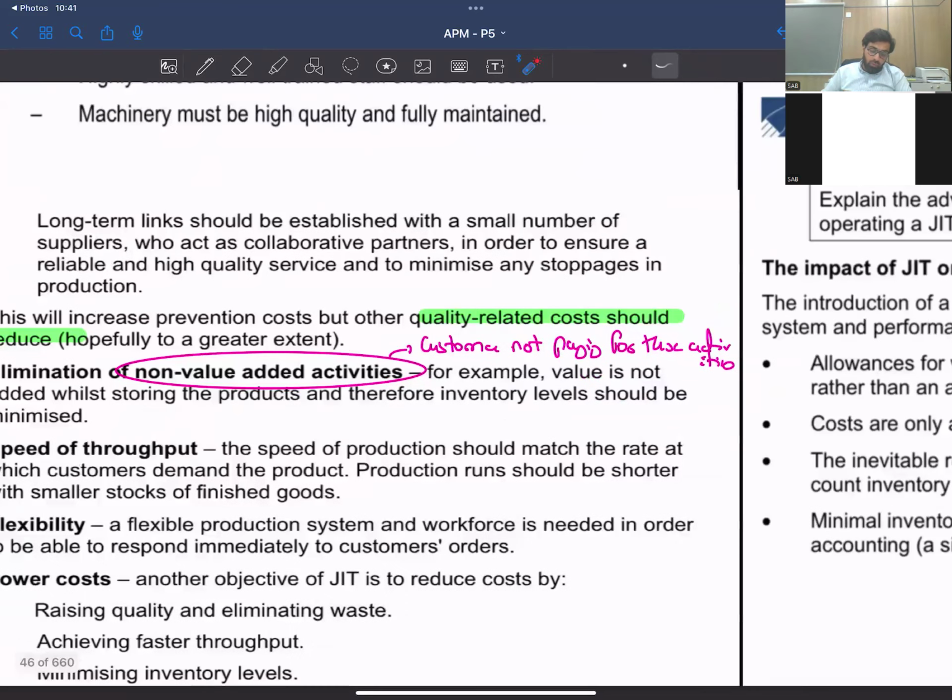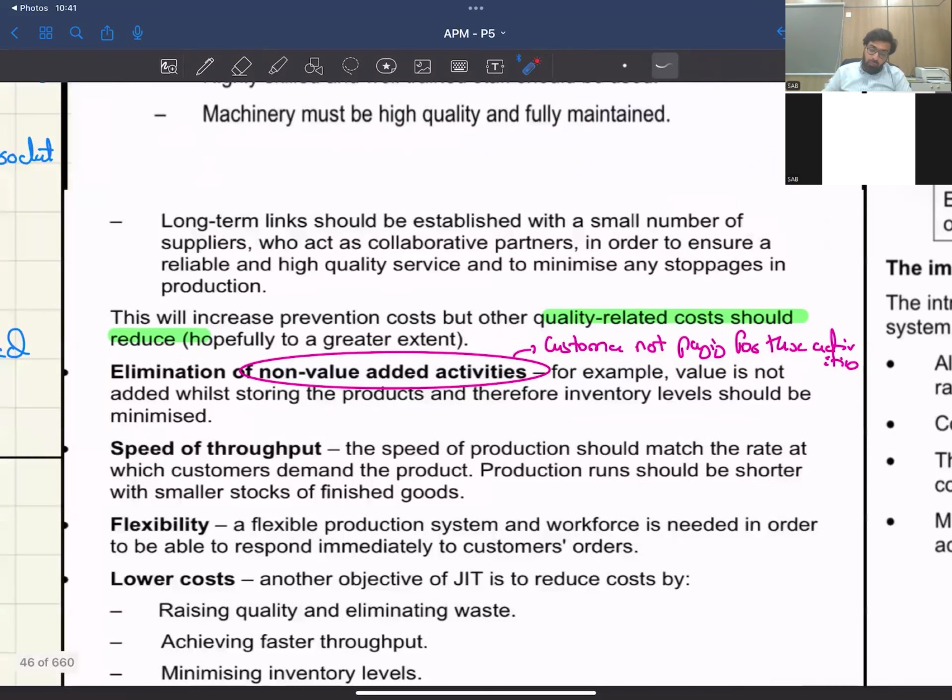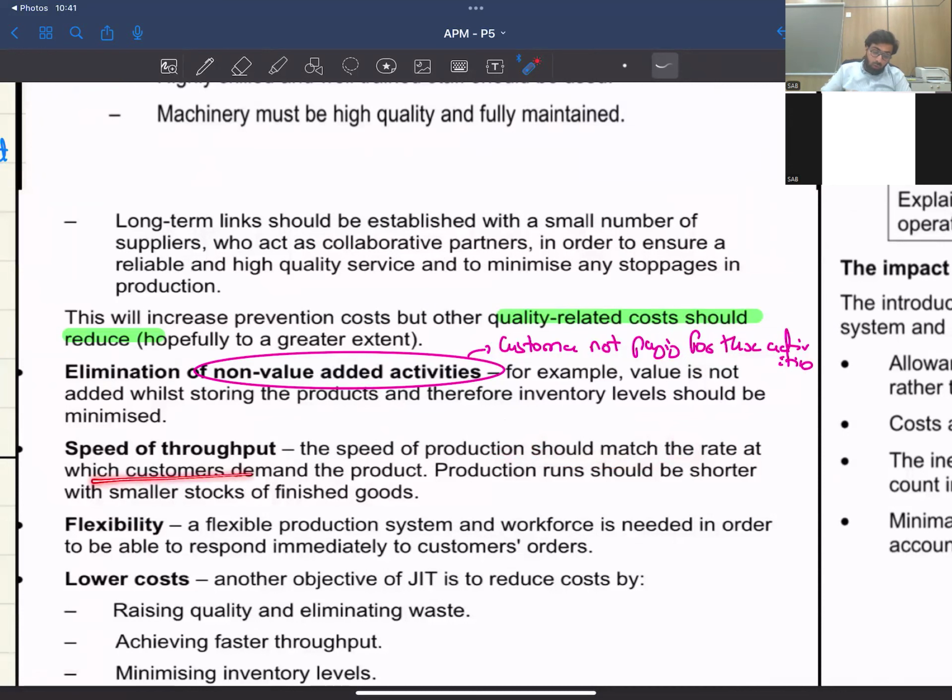Now, speed of throughput, it's simple. The speed of production should match the rate at which the customer demands the product. If you're providing products slower than the customer demand, they won't be happy and they won't be dealing with you again.